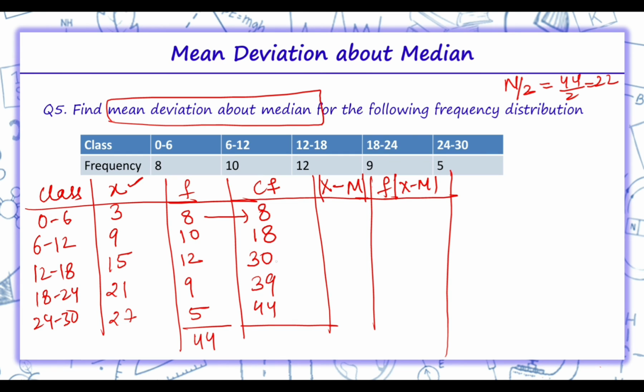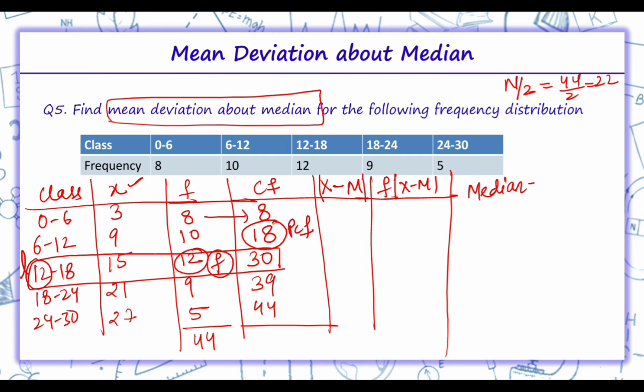Now where will this 22 lie? It will lie over here. So here 12 is L, this is f, and 18 is PCF. Now the formula which I said before: median is L plus (n by 2 minus PCF) upon f into h.